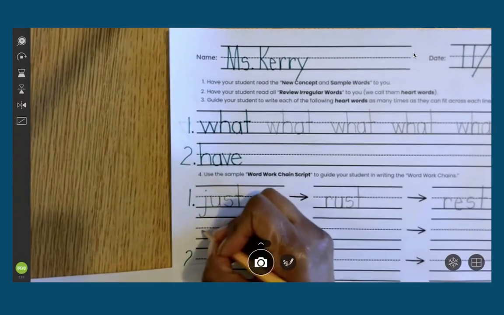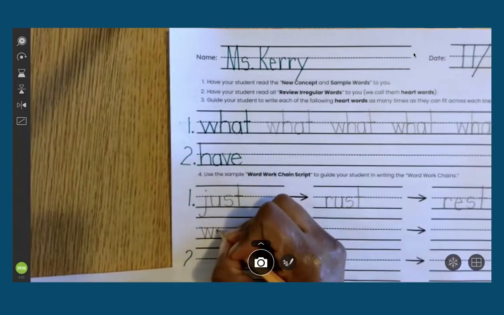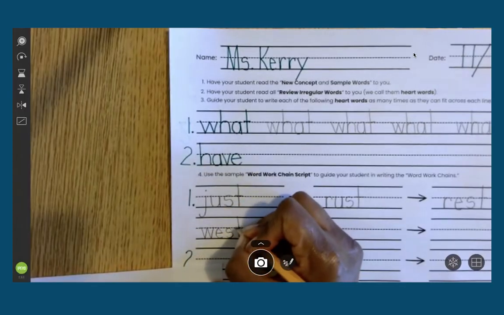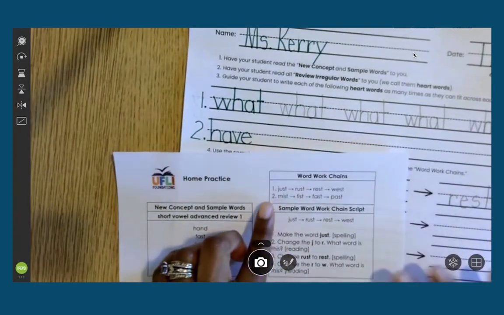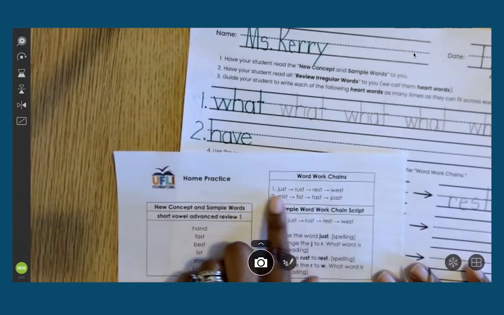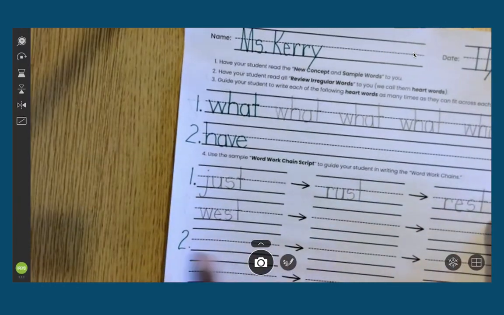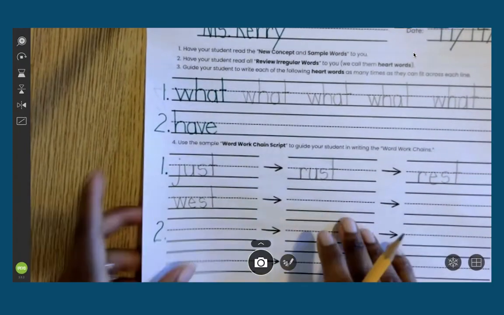Oh, the first sound changes. W, s, t. West. Now you will follow this word chain for the second one on the bottom part of the sheet going across, like we just did for the first one. Great.